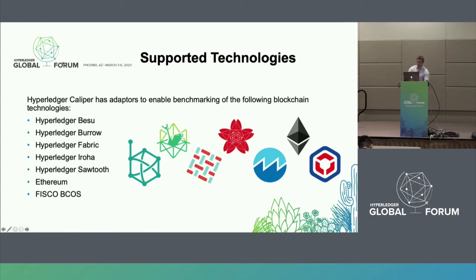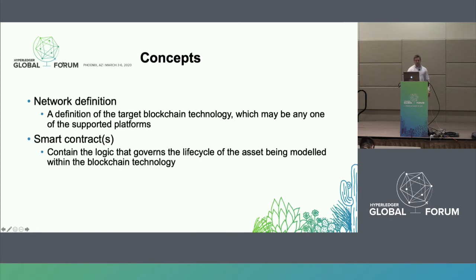So, concepts. What does Caliper use? So, we have a network definition. This is the definition of our target blockchain technology, and it's any one of those supported platforms. So we're defining our network, and then we'll have a series of smart contracts. It's the logic that you have developed as a developer.